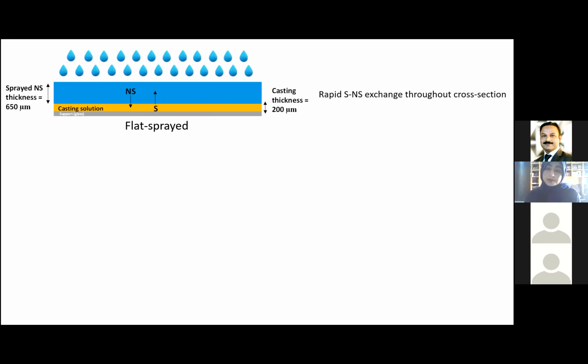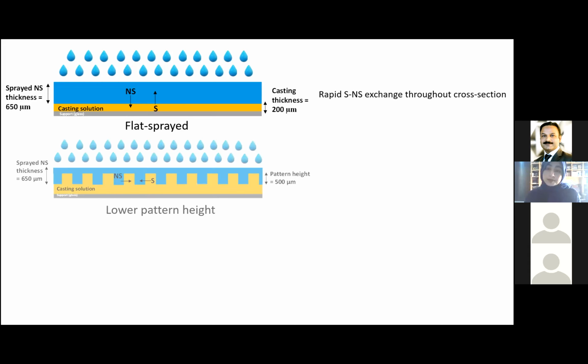But in the case of patterned membranes, the amount of water sprayed was enough to solidify just the top layer, and the rest of the phase inversion was taking place in the coagulation bath. And that is what was altering the phase inversion process.